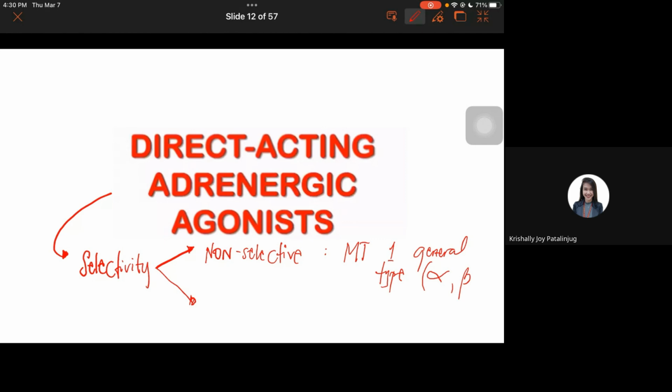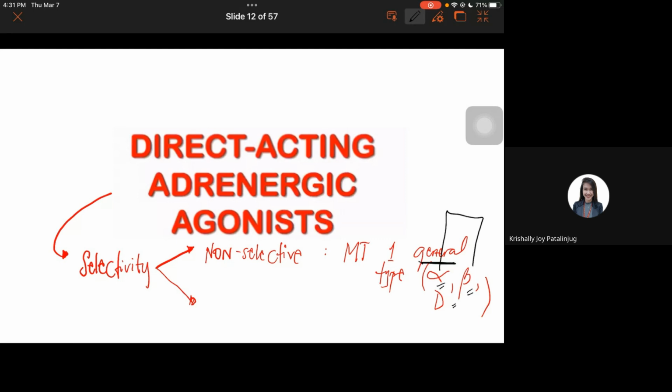So both alpha and beta, or pwede din, kasama dopaminergic receptor. Okay, so again, magiging non-selective siya if kaya niyang mag-bind to more than one general type of receptor. Pwedeng alpha, beta, or lahat yan ng mga adrenergic or sympathetic receptors.